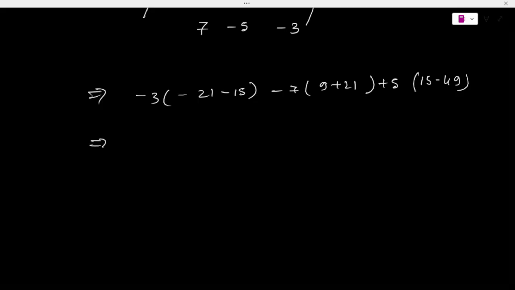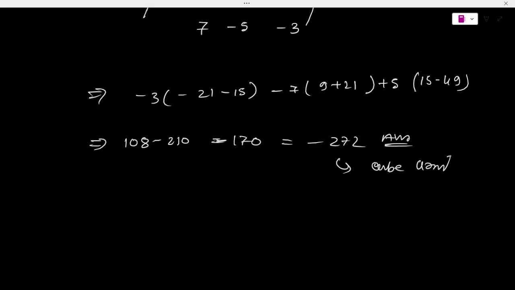So the result will be 108 minus 210 minus 170, which is around minus 272. That is the answer, and the unit will be cube unit.